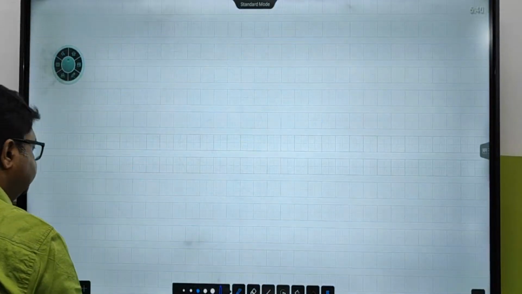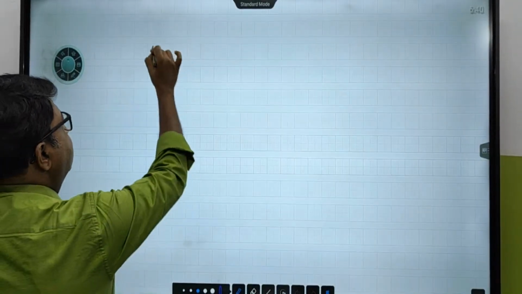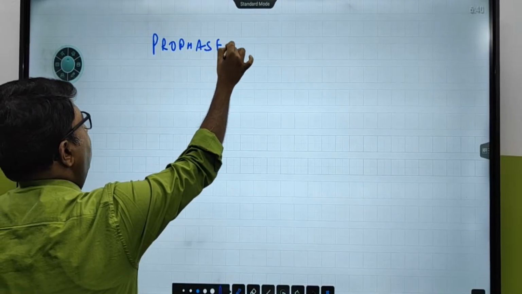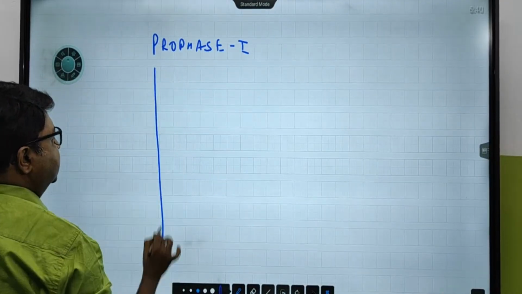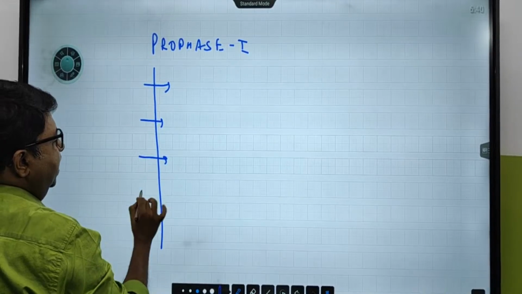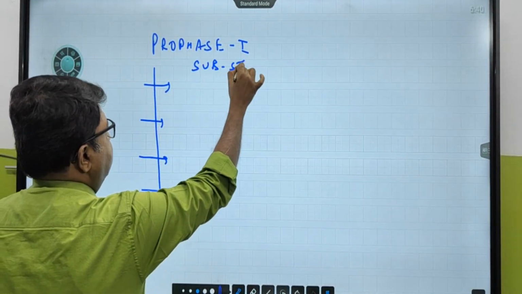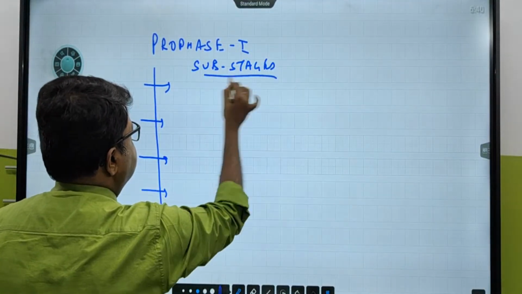Now, see, in prophase 1 of meiosis 1, what are the stages? There are 5 substages present. What are those?